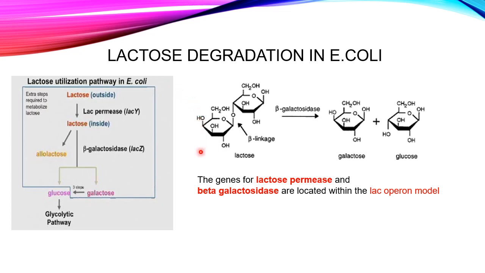I hope you are able to connect this and understand. Okay. Thus, this lactose degradation becomes an important example of enzyme induction, where the lactose triggers the formation of lactose permease and beta galactosidase, which further degrades the lactose itself. Thus, the enzyme induction.